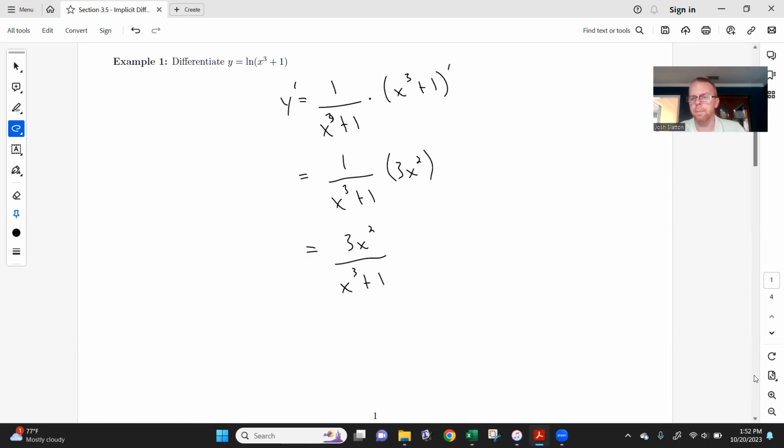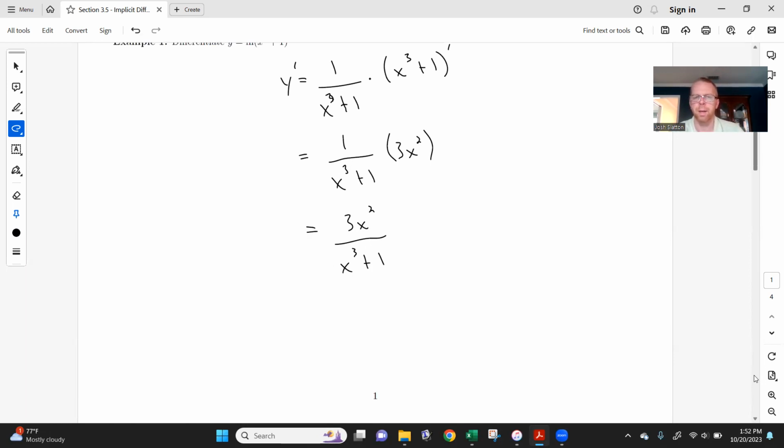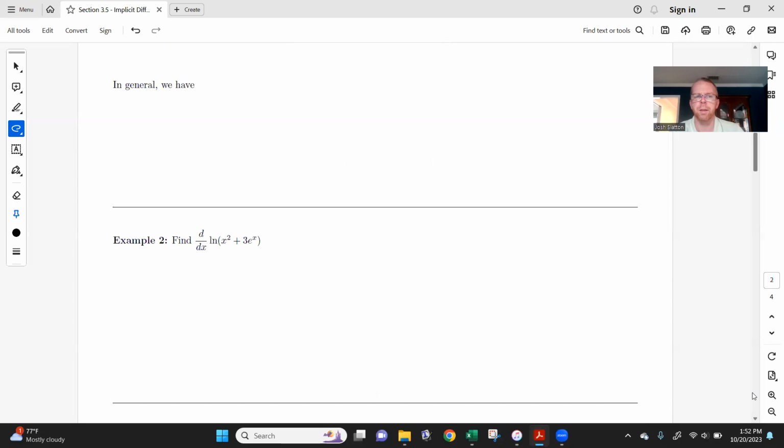So now one thing, you can do this a little bit, I don't know if it's more concise, but it at least looks nicer. We don't have these two separate things. So in general, what we can say is the derivative d over dx of ln of g of x, so some function g of x, we take the logarithm of that function and then get the derivative.